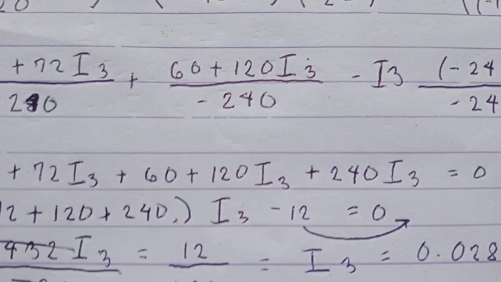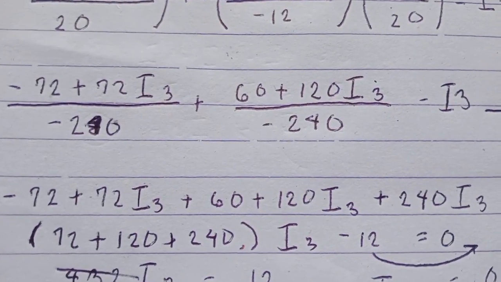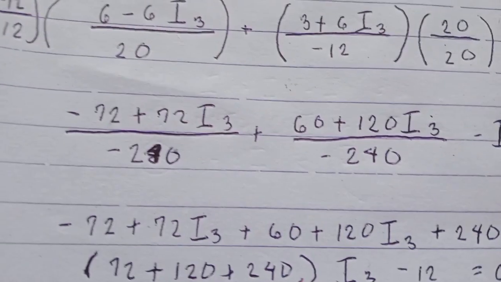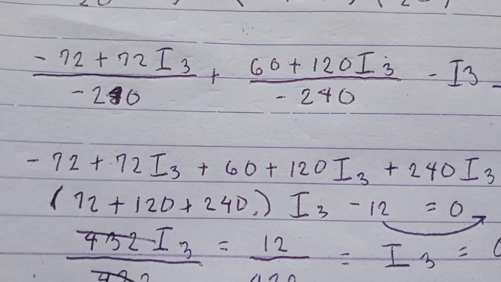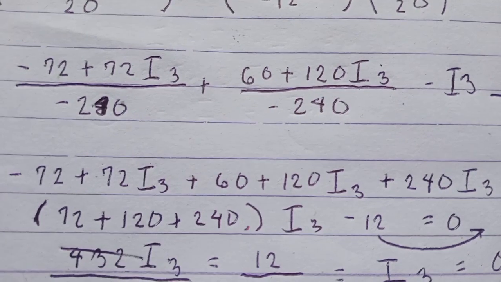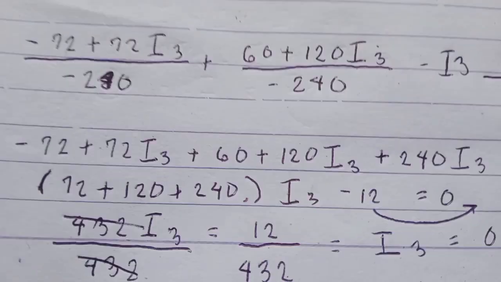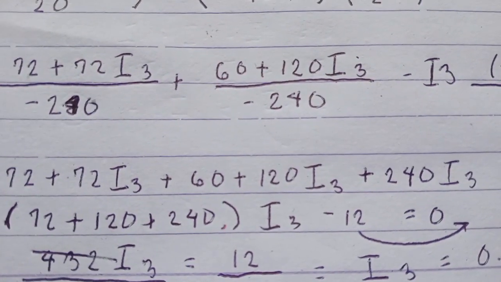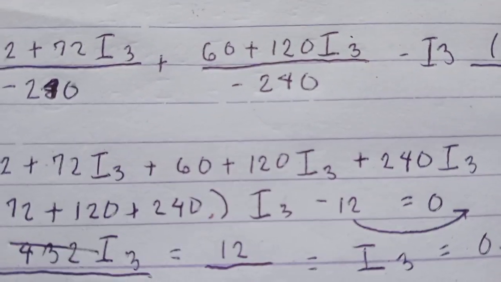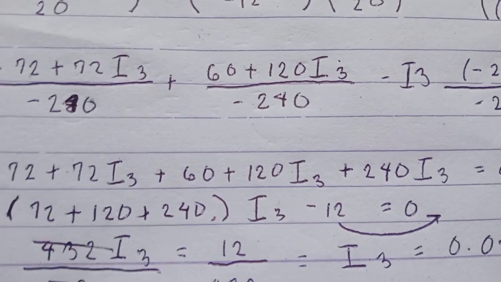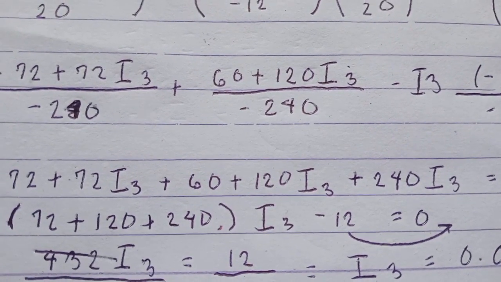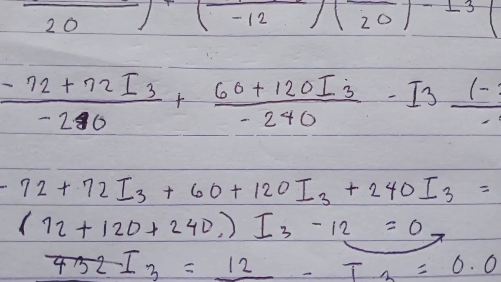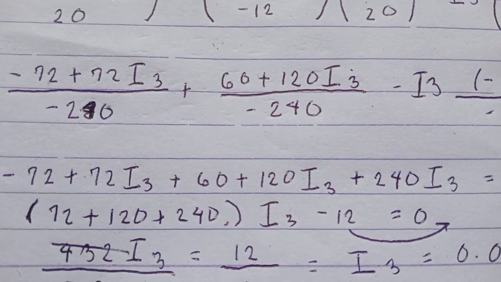So we will add those numbers up inside the parentheses, and 72 plus 120 plus 240 is equal to 432 I3, because all of them are I3, equal to positive 12. It turns into positive now because as we transpose a number to the other side of the equation, the sign would be changed.